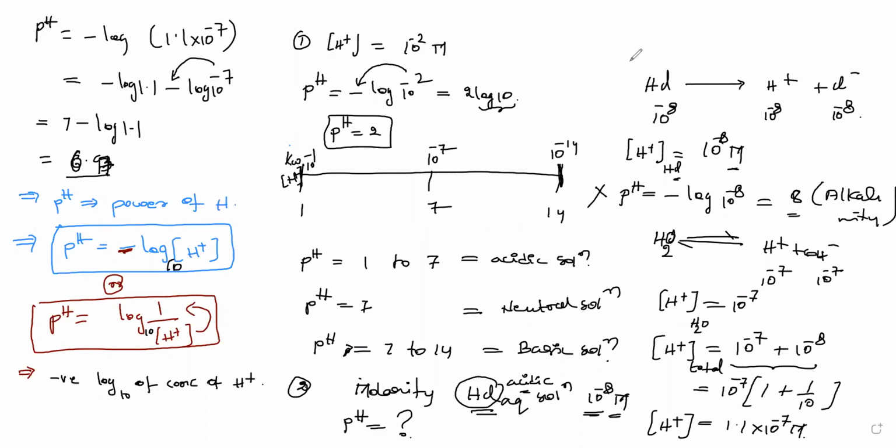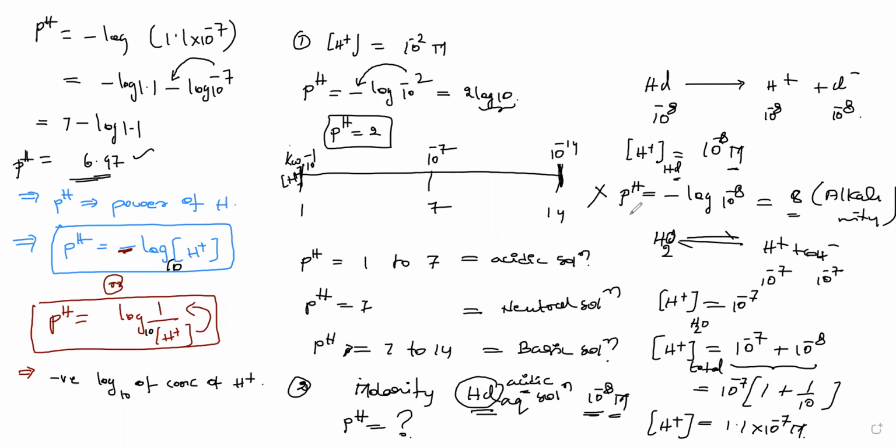And this is the pH of the given solution. So what we got for the pH of this one is 6.97. Finally, 6.97 means less than 7 only. That's why we can consider the pH of the solution is 6.97.